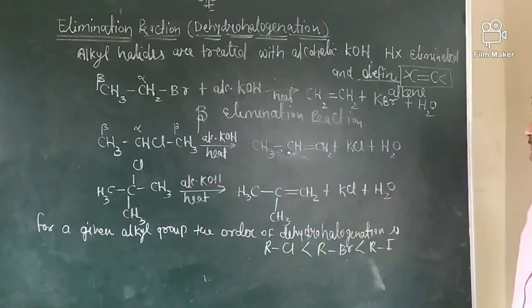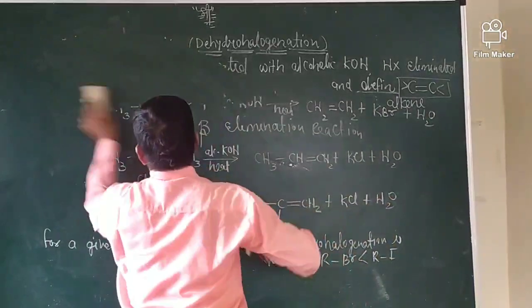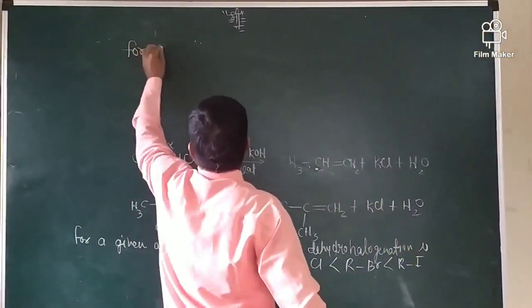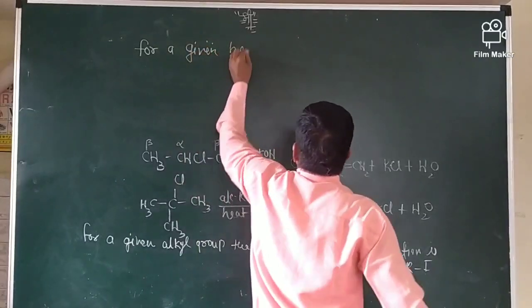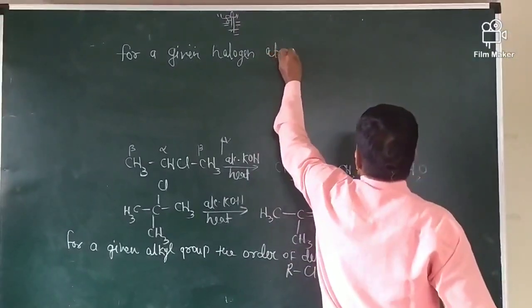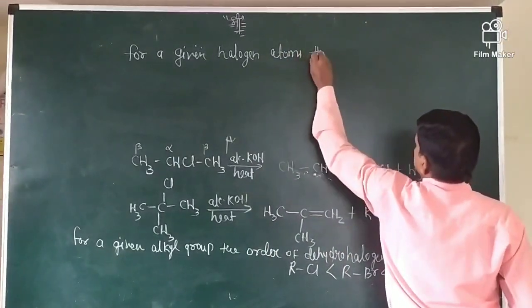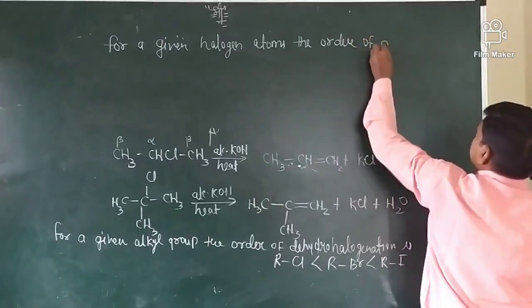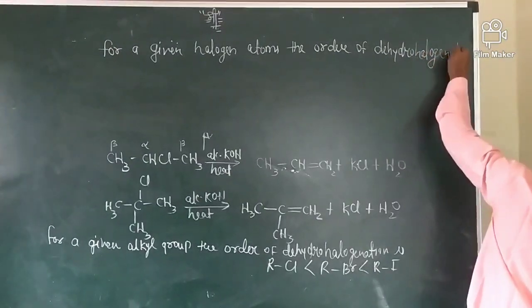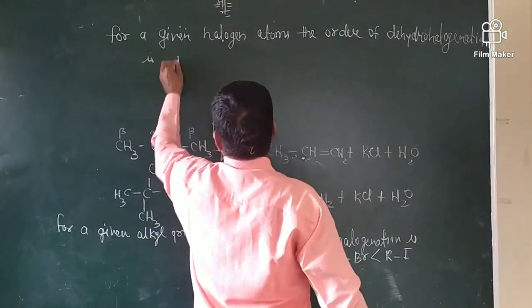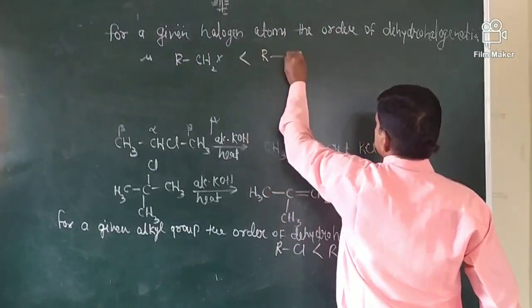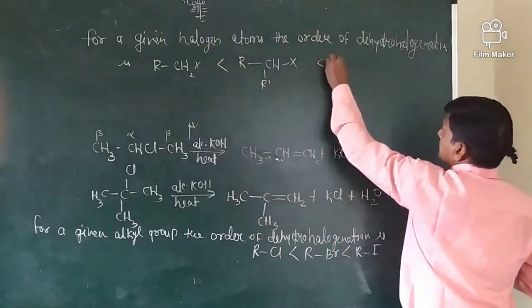Now for a given halogen atom, the order of dehydrohalogenation is RCH2X, first primary, then RCHR'X secondary, and this is tertiary.